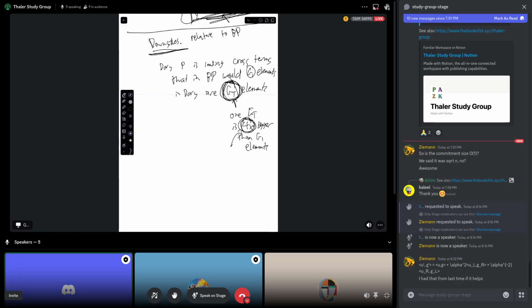And then the other factor of 3 is coming up because Dory, for reasons that I think I brushed under the rug in my description of Dory, because I was so hand wavy, actually sends 3x more values in each round than bulletproofs.